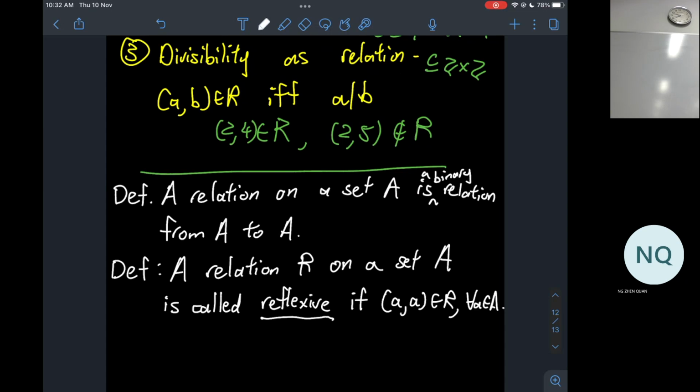Reflect to yourself. So reflexive means everything compared to yourself is in the relation or not.